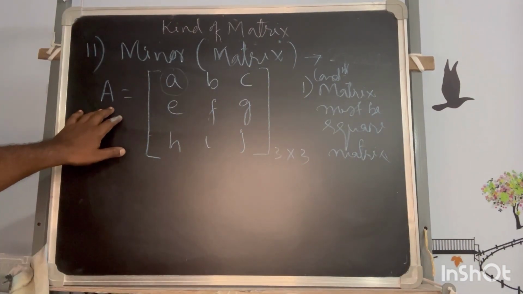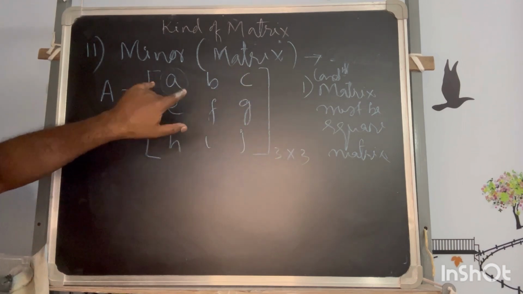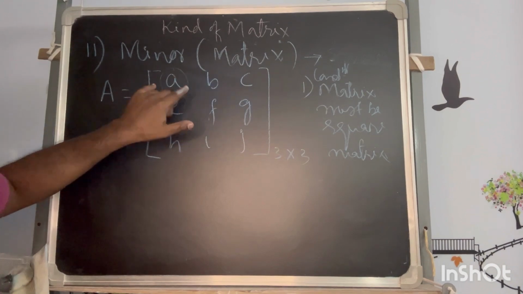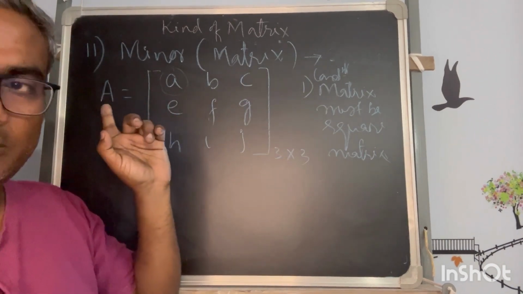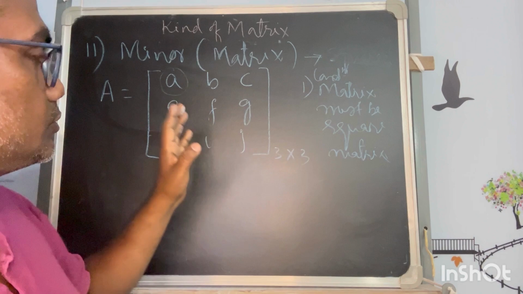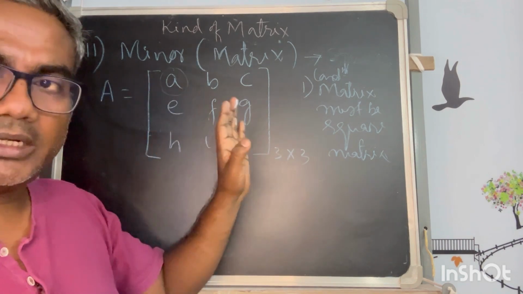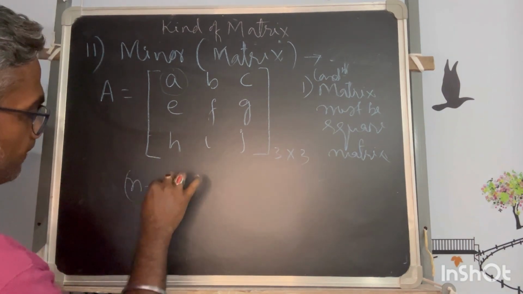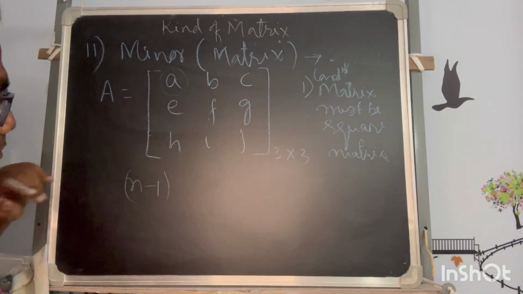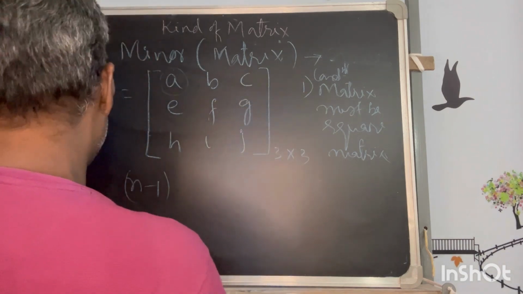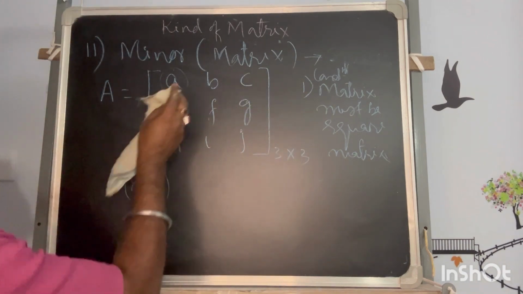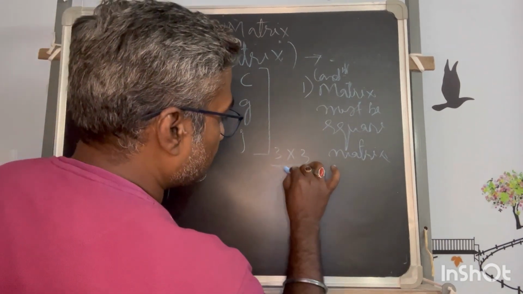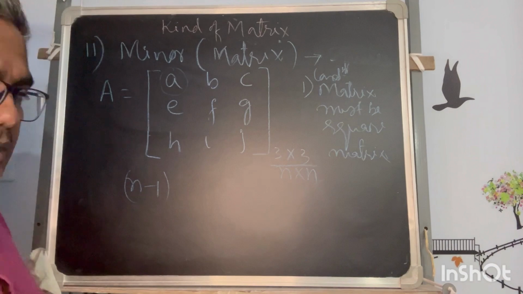Now, if A is represented by this, each element has one minor matrix, and that is of order n minus 1. I am taking this example of 3 cross 3, but that could be any order, let's say n into n, to be very general.